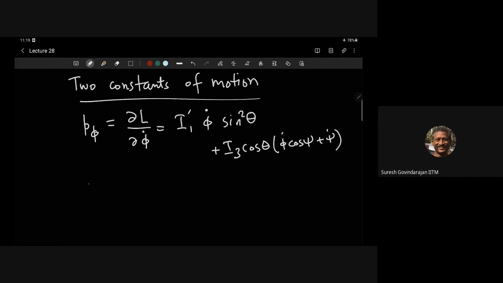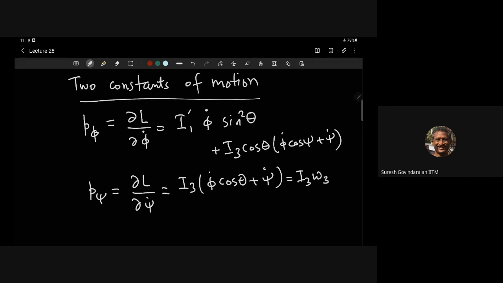And P psi is dL by d psi dot. It's just I3 times phi dot cosine theta plus psi dot. And if you remember our calculations, this is nothing but I3 omega. So we have two constants of motion.